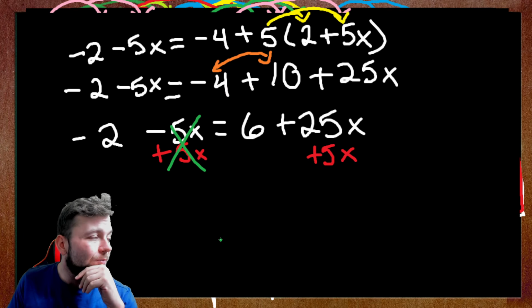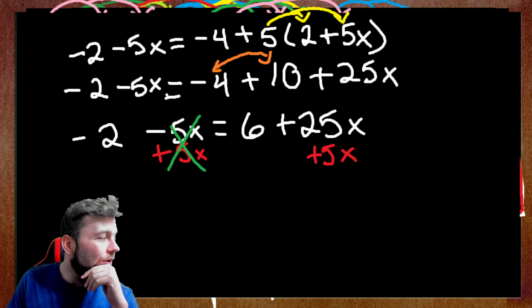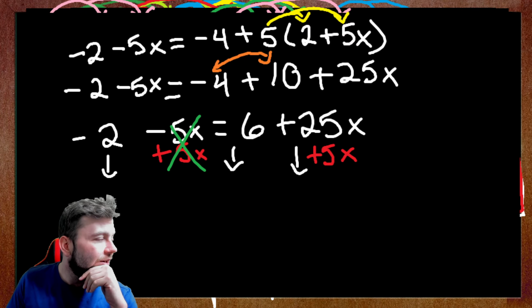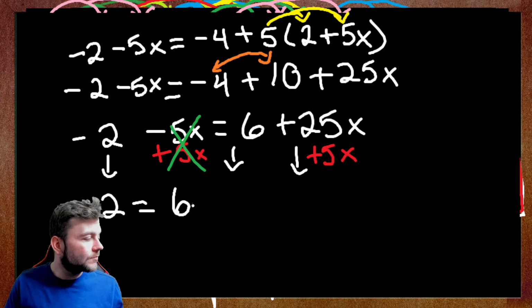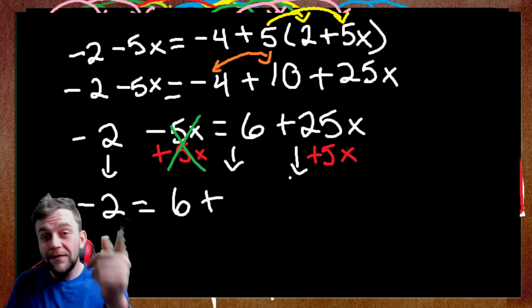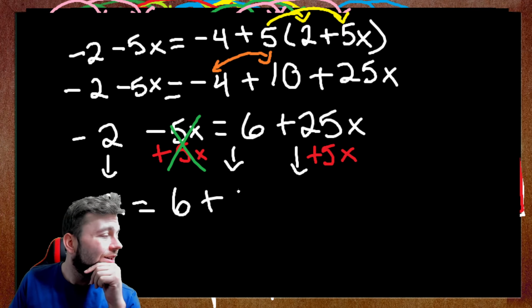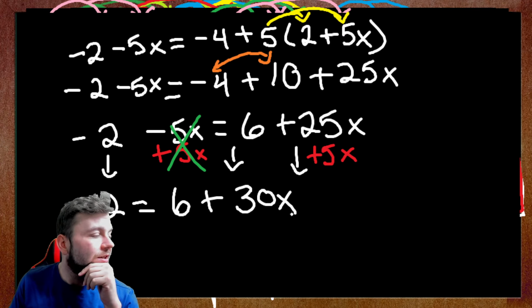It cancels out. Let's start writing our problem down, dropping everything down that we can. So we have a negative 2 equaling 6 plus 25x plus 5x, which is 30x.